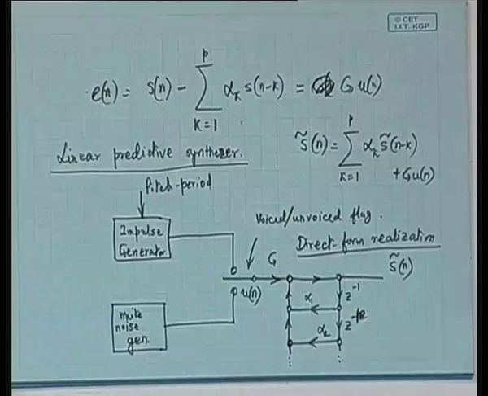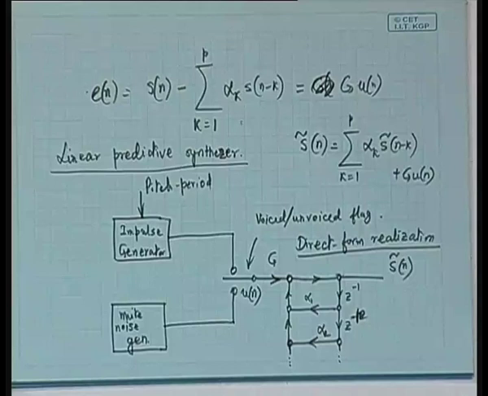As far as the unvoiced speech is concerned, it is sufficient that this information is given or updated per frame, because it is for a frame that we will be having the pitch period estimation or the gain estimation.